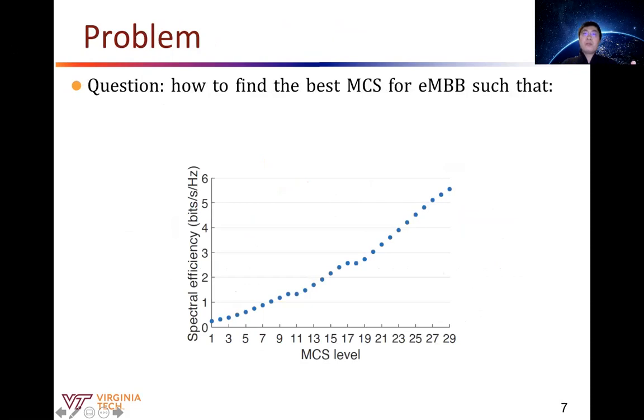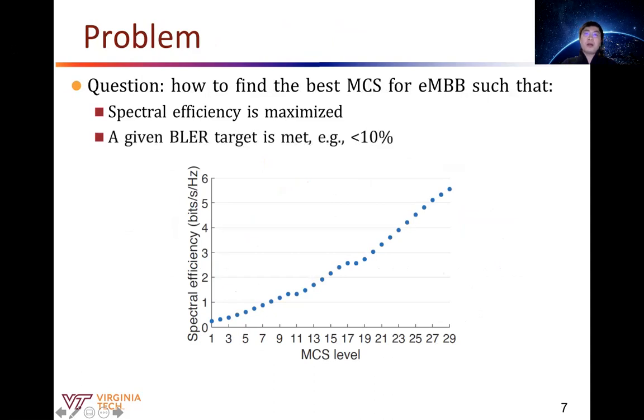Specifically, we aim to find the most suitable MCS for each eMBB transmission under URLLC preemptive puncturing, such that the spectral efficiency of eMBB is maximized, while a given target BLER is met. In practice, a typical target BLER for eMBB services is 10%, meaning that the LDPC decoding failure probability of each eMBB transmission should not exceed 10%.